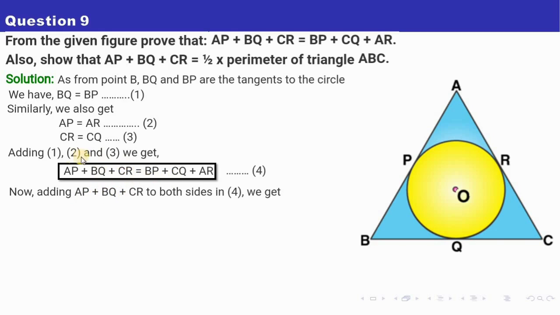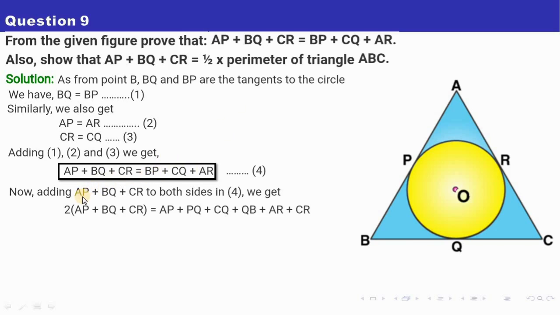Now we already have this quantity in the left hand side, and the same quantity is being added, so that means it becomes double, right? So that's why I have double of AP plus BQ plus CR in the left hand side. And in the right hand side, we will make pairs of the sides where one of the points is the same.